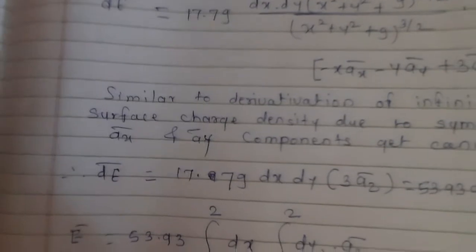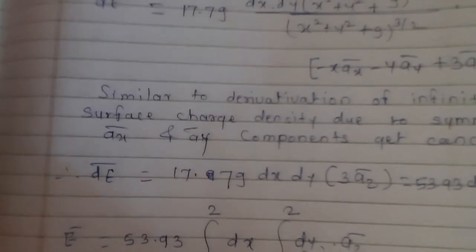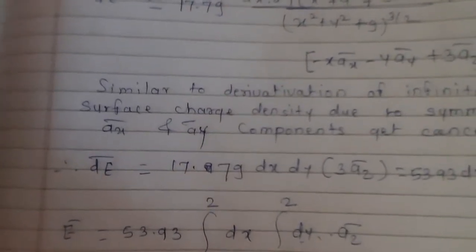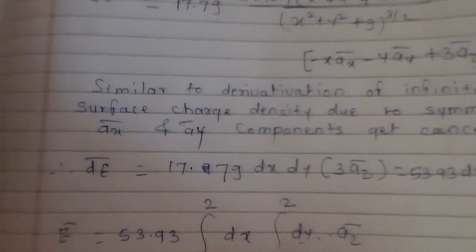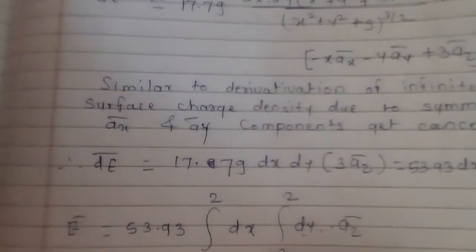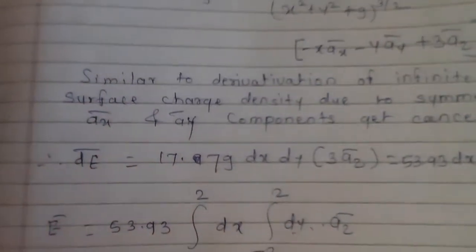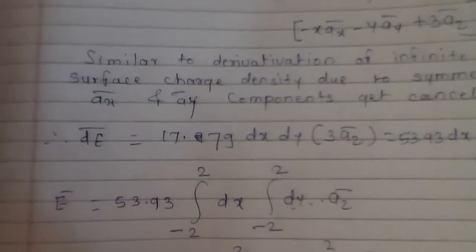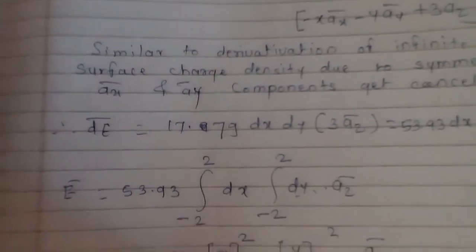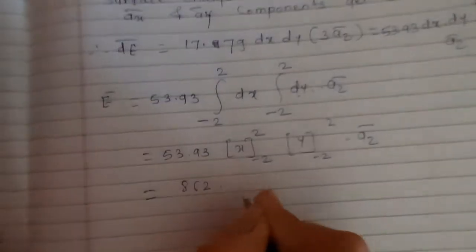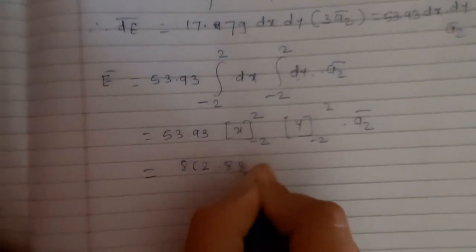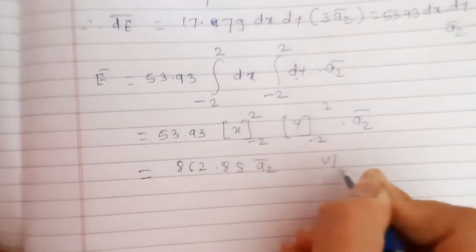So it is 53.93 x from -2 to 2, y from -2 to 2, az bar. So by solving it we get 862.88 az bar volt per meter.